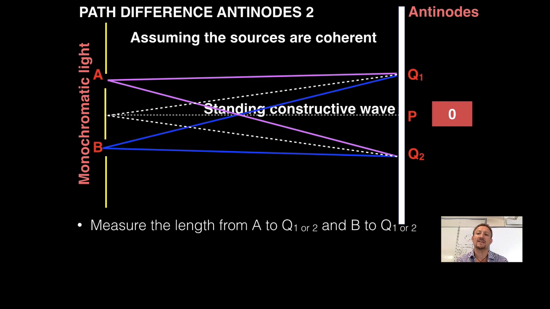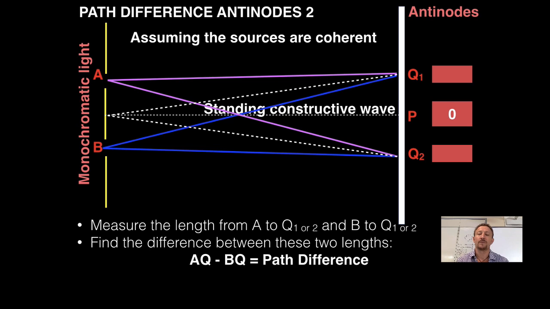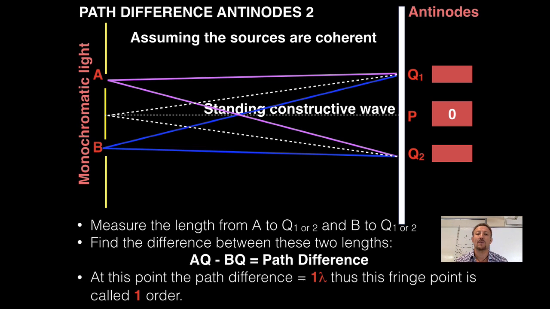But what we notice is that for this second fringe, the path difference is going to be equal to 1 wavelength. Okay? Remember, it's not equal to 1, it's equal to 1 wavelength. Now, you may be given the wavelength in a problem, and let's say the wavelength happened to be 2 meters.